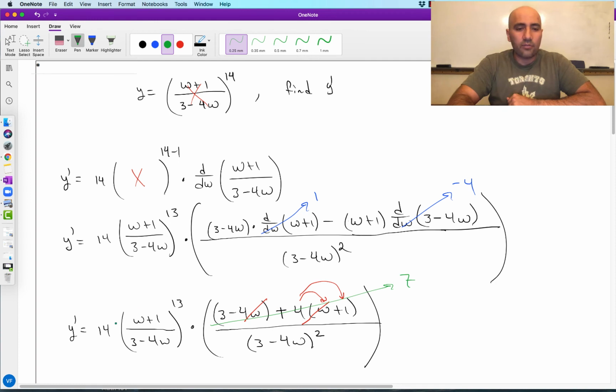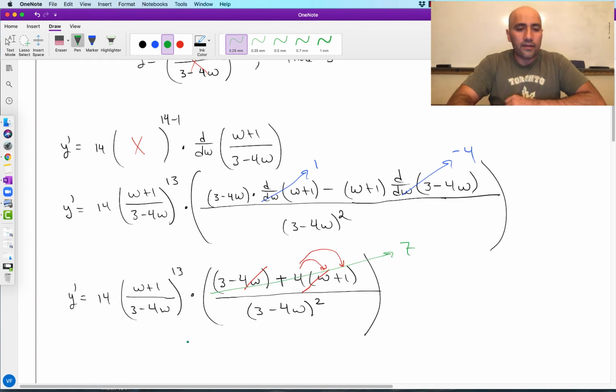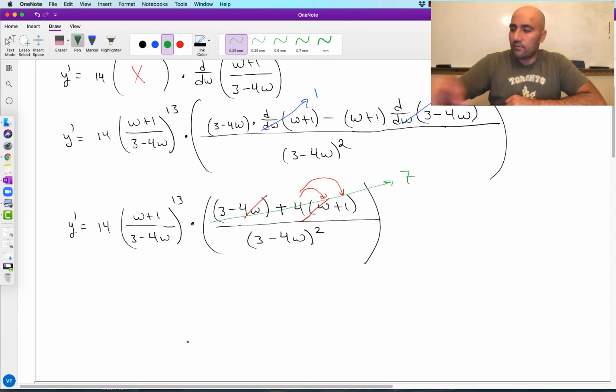I guess I could multiply the 7 times the 14, but not much beyond that. Okay, so multiplying 7 times 14 gets me to 108. Is that right? 70, 98. 98.